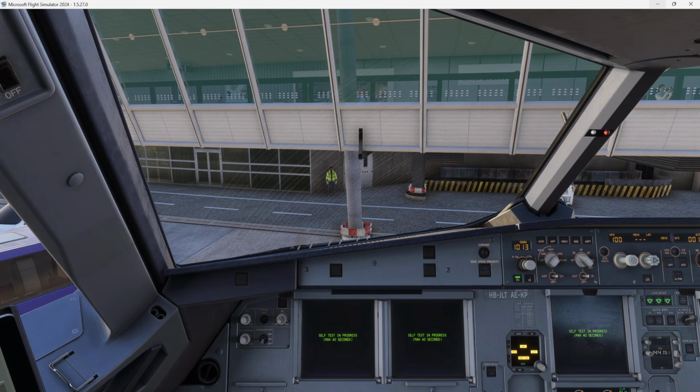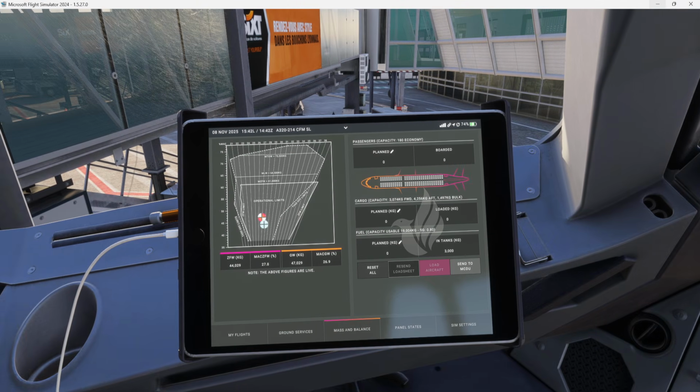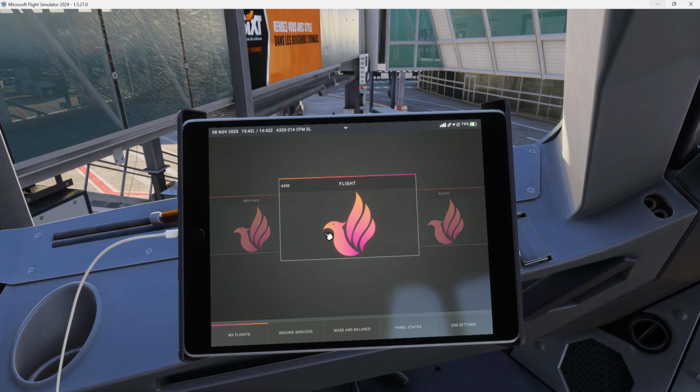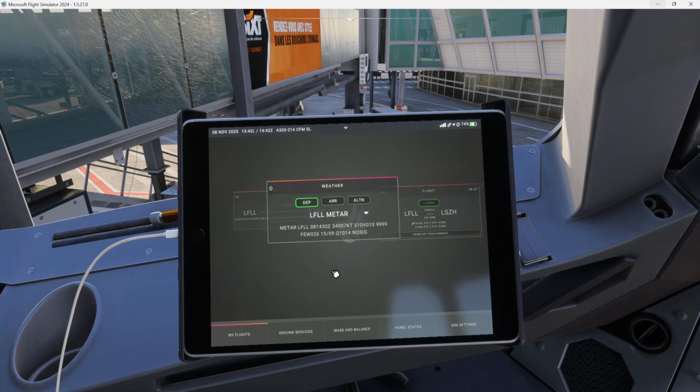So I want to do the MCDU parts very quickly, and then we move to mass and balance. Basically I'm going to upload the flight.